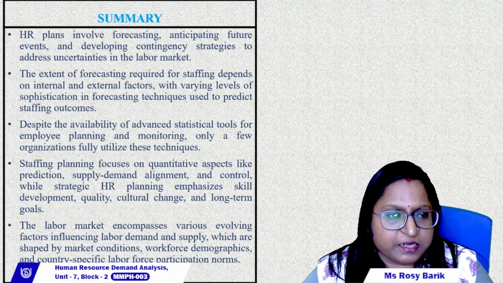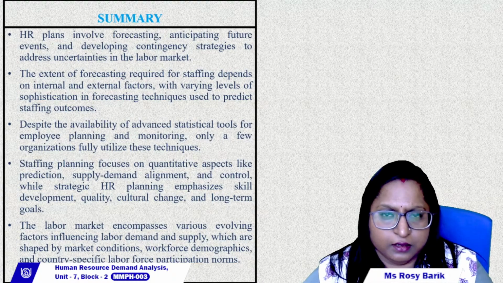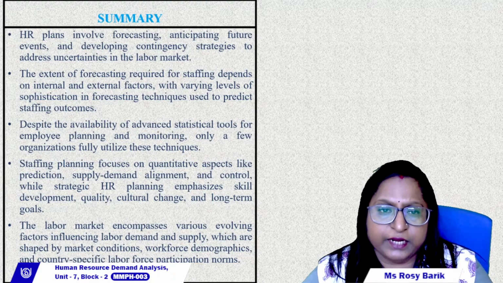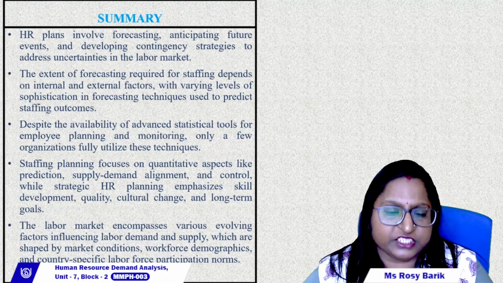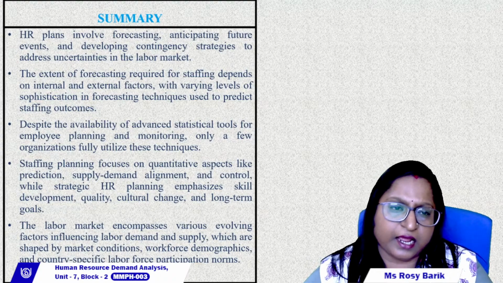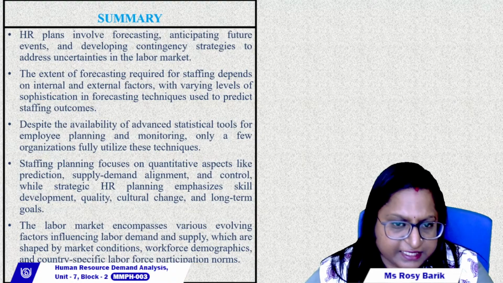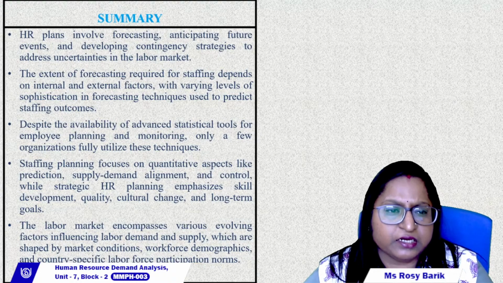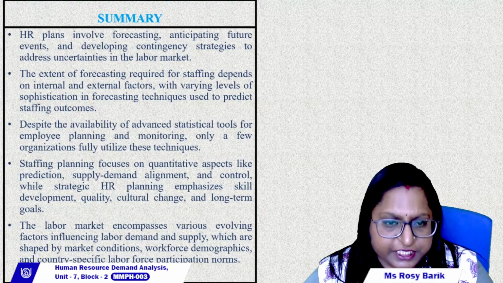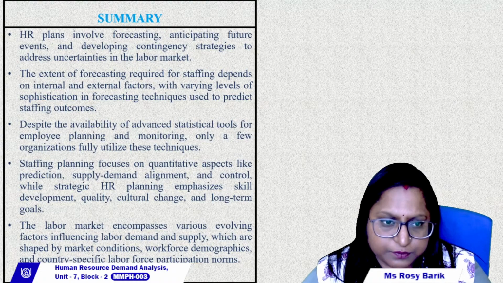Then we discussed that staffing planning focuses on quantitative aspects like predictions, supply-demand alignment, and control, while strategic HR planning emphasizes skill development, quality, culture change, and long-term goals.